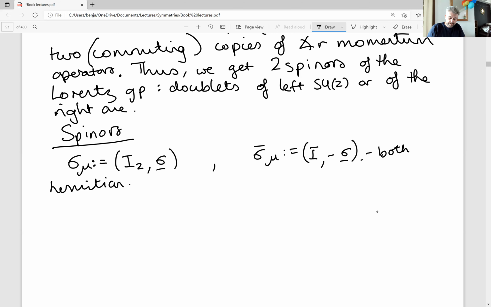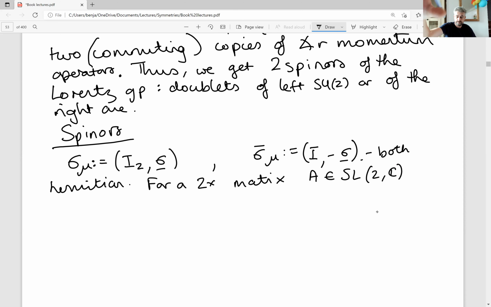So for a 2x2 matrix, which I'm going to call A, this is in SL(2,C). So they're unit determinant, but otherwise they're 2x2 complex matrices.